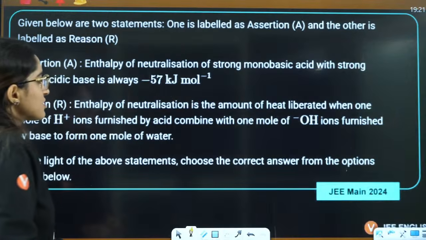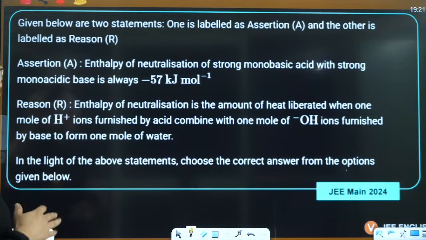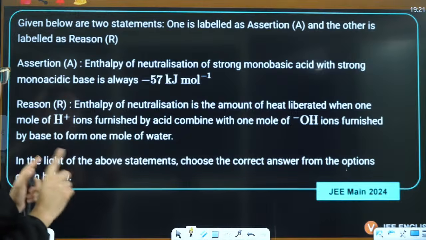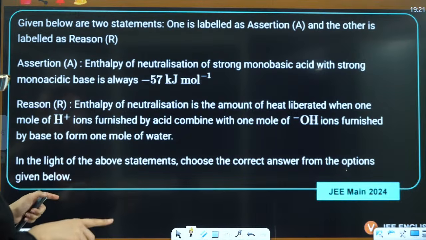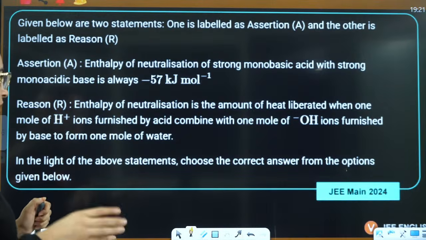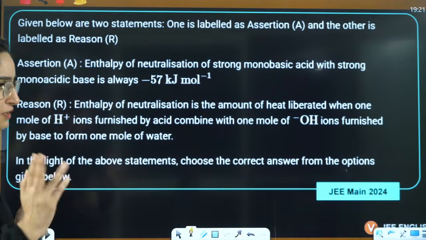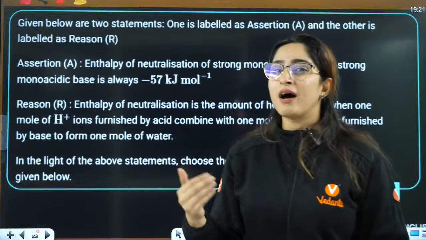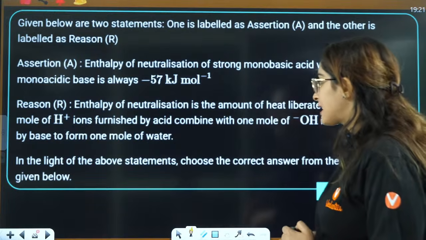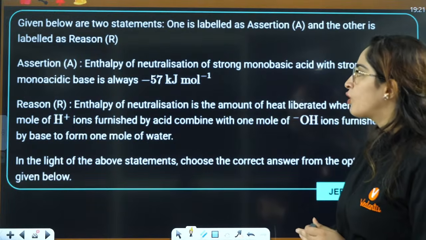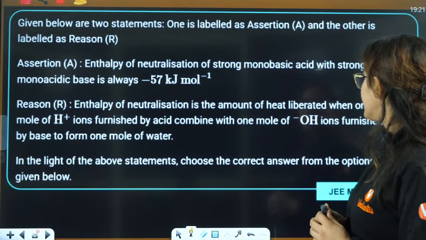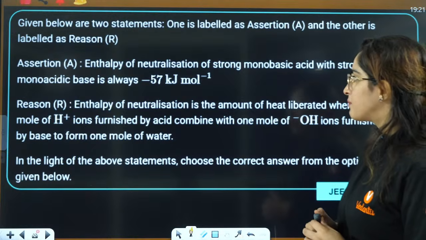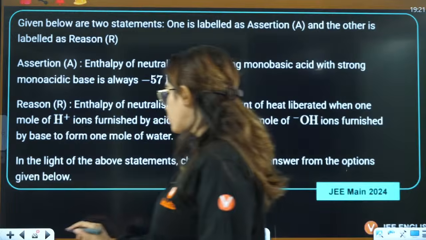The reason: enthalpy of neutralization is the amount of heat liberated when 1 mole of H positive ions furnished by acid combines with 1 mole of OH negative to form 1 mole of water. That is also true, right? 1 gram equivalent or 1 mole is the same thing. And that is called enthalpy of neutralization. So both are true here.